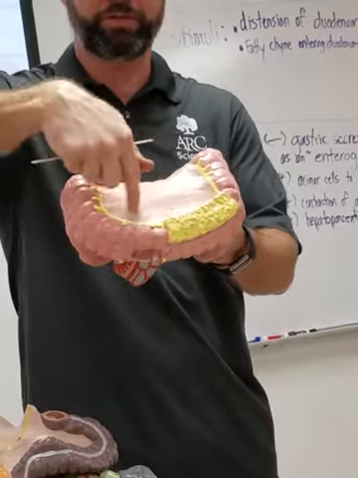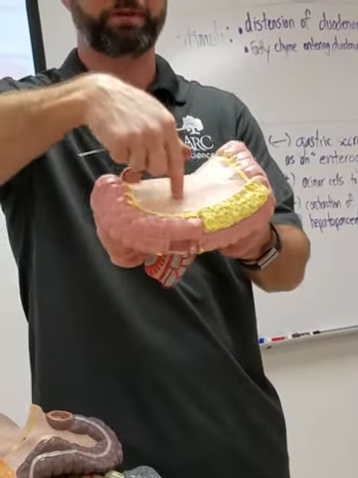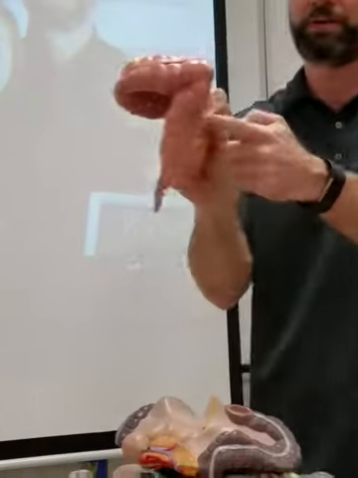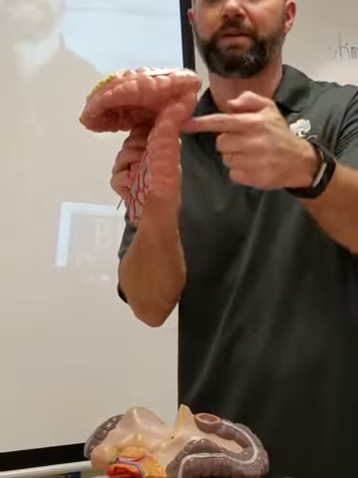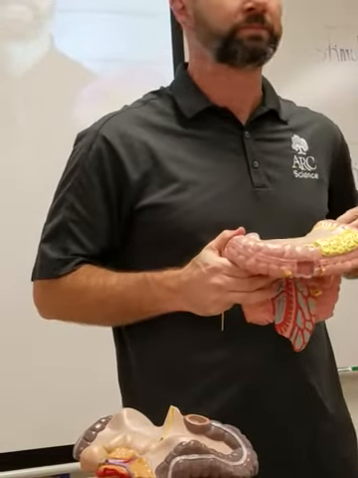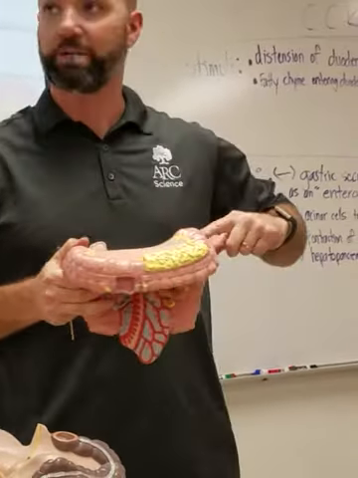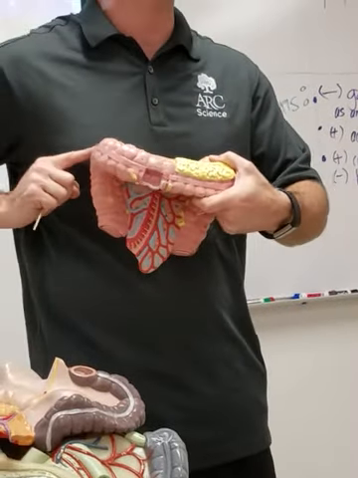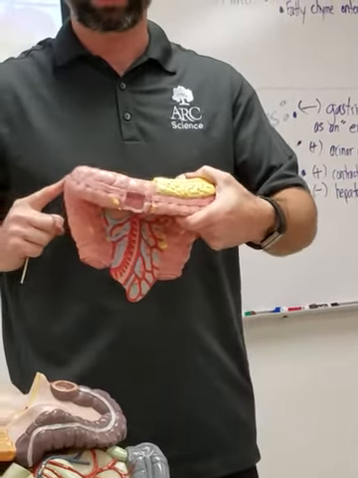This connective tissue, transverse mesocolon. This 90-degree turn right here, left colic flexure or splenic flexure. And then this 90-degree turn right here, right colic flexure or hepatic flexure.